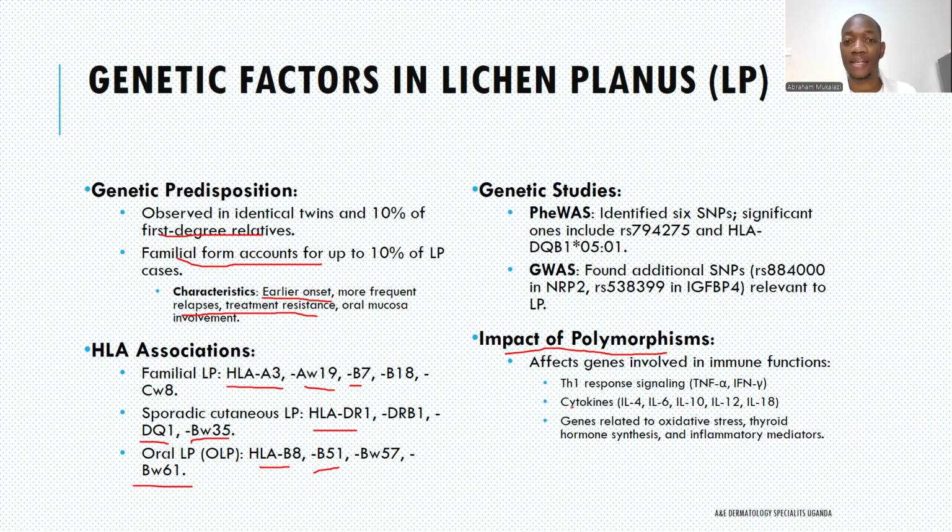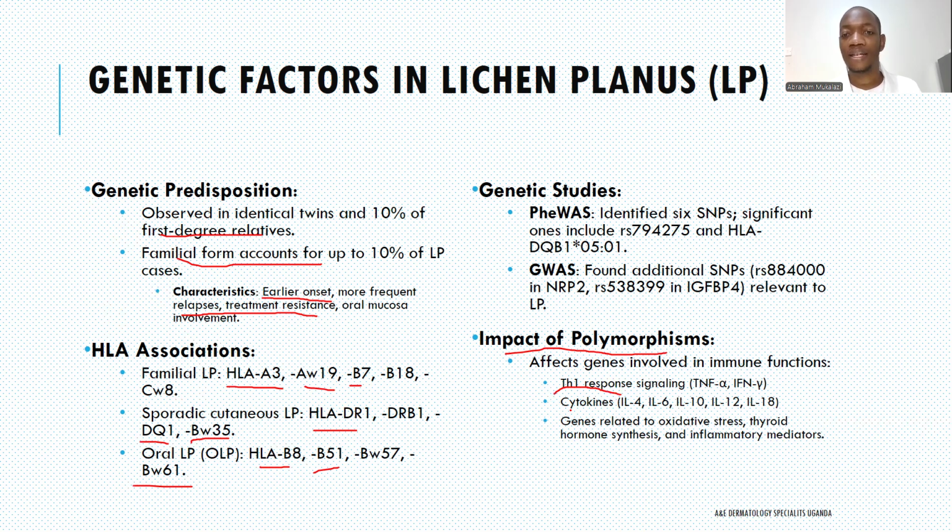So there's also a thinking that the T-helper 1 response signaling pathway, which involves tumor necrosis factor alpha and interferon gamma, is associated with polymorphism, like different individuals have different genes but doing actually the same thing.